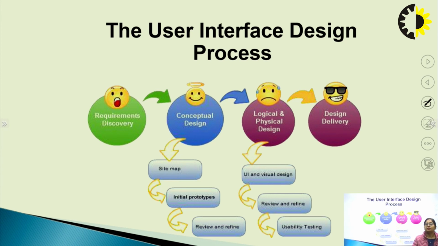Based on this, you will develop an initial prototype. What is a prototype? A prototype is a dummy structure which shows the design of your interface. Then we do the review, and then we have to redefine it. Now the conceptual design is built: you have developed a site map, an initial prototype, and a review.